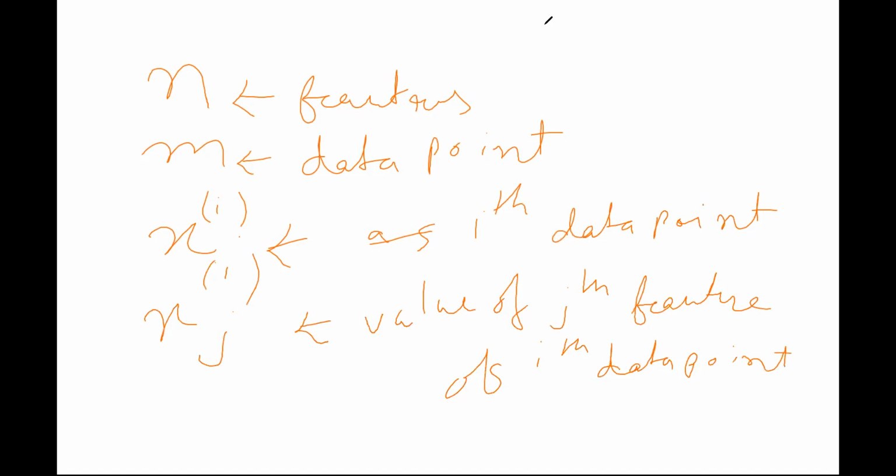So now we have many features. How will we write our hypothesis function? The hypothesis was the function we want to approximate so that our data can be represented by that. Previously we used h theta of x equals theta naught plus theta 1 x, because we had just a single feature.